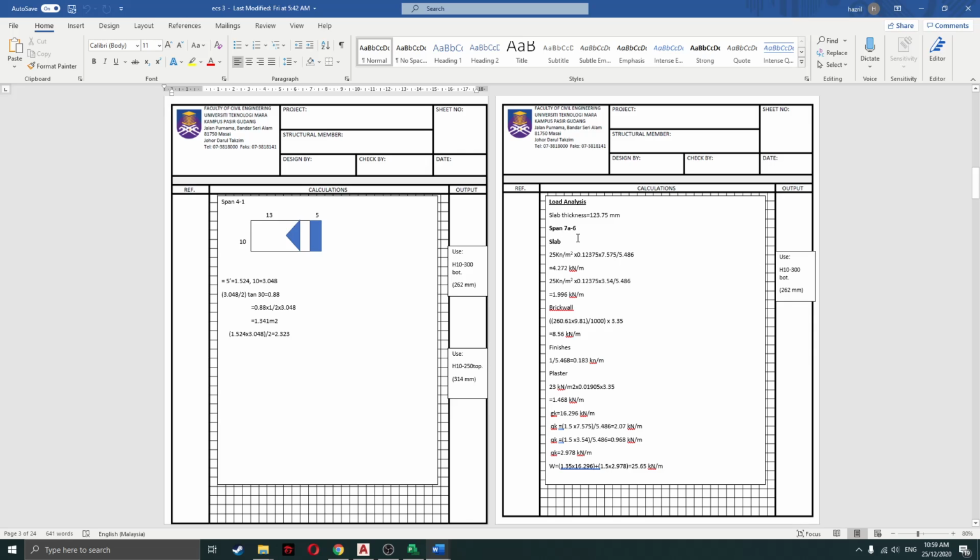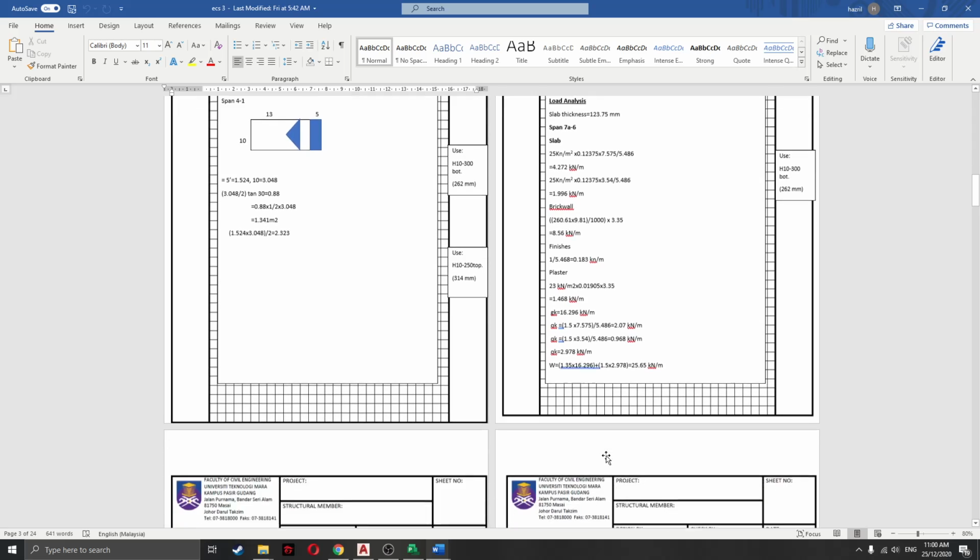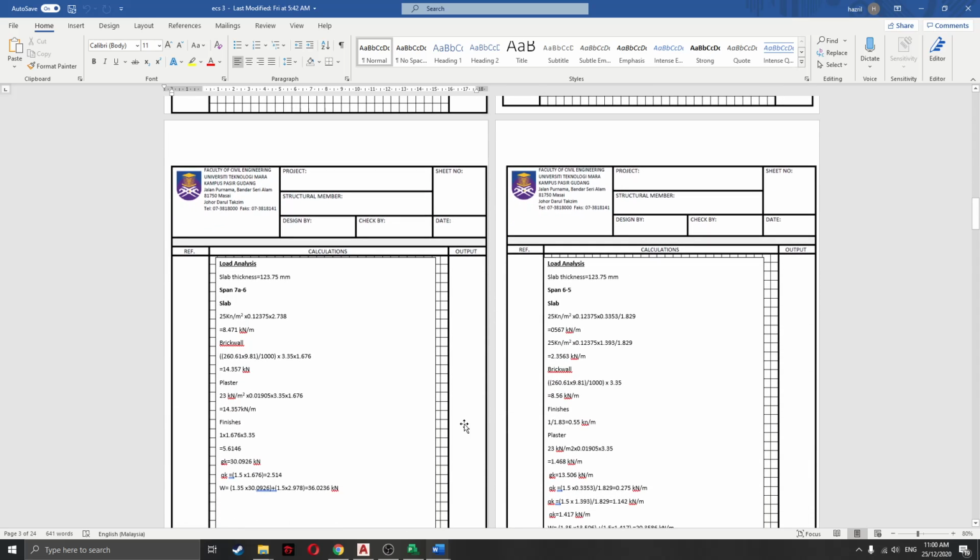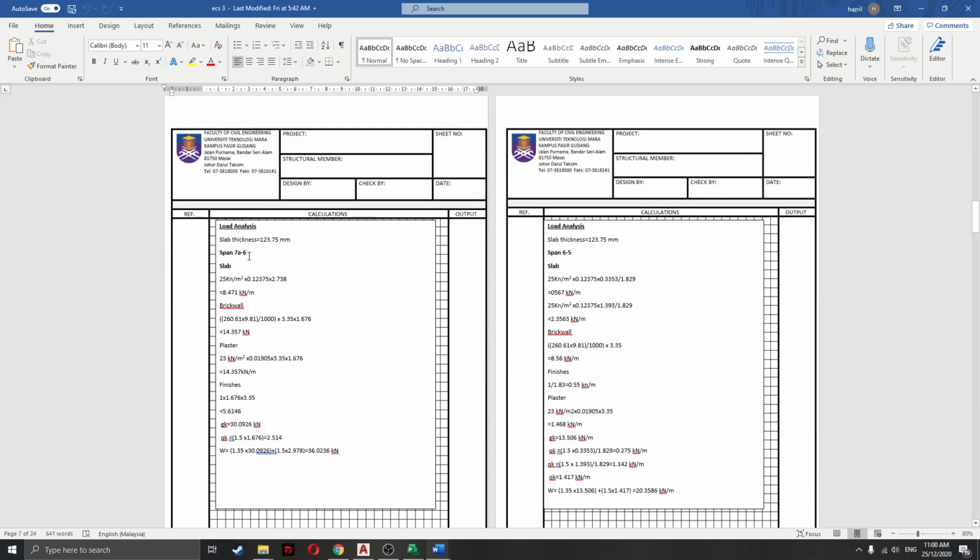For span 7A to 6, I calculate the slab, brick wall, finishes, plaster, and total up the W. For the secondary beam, I convert it to point load, then I get 36.0236 kilonewton.